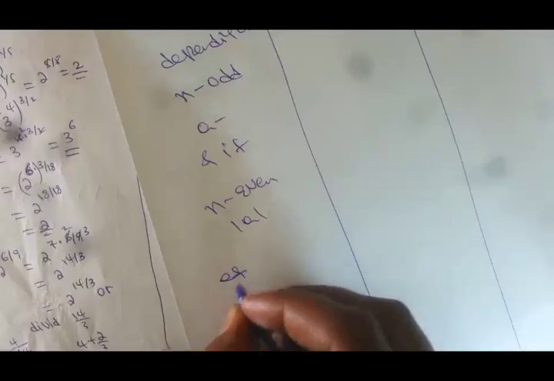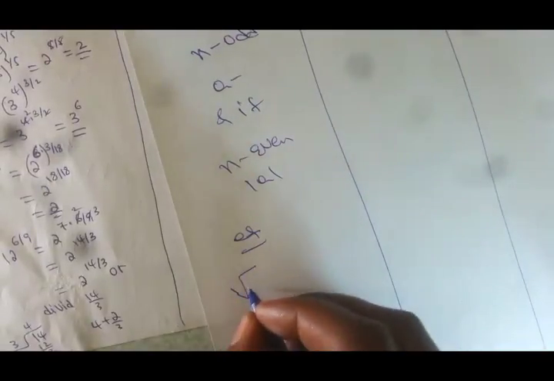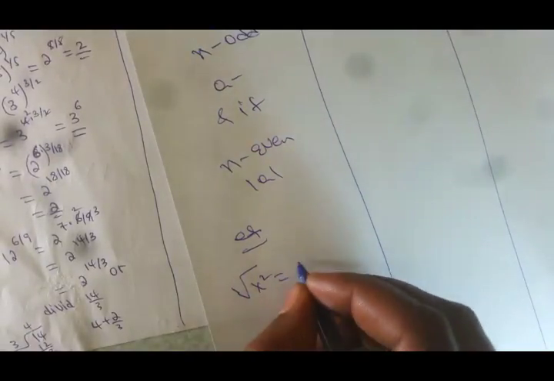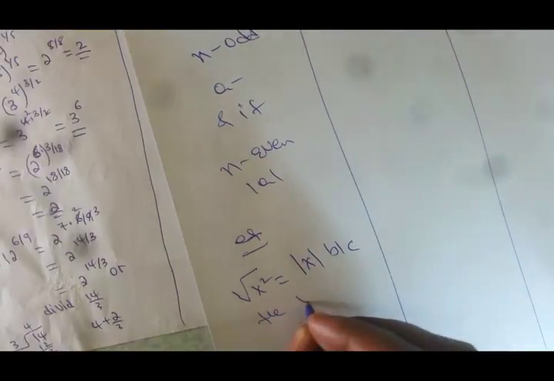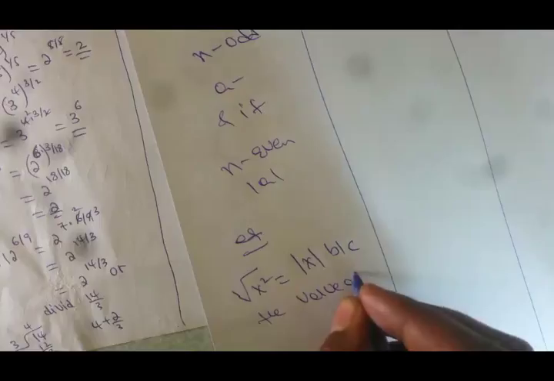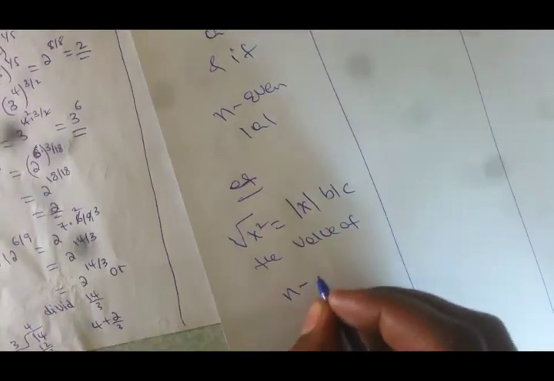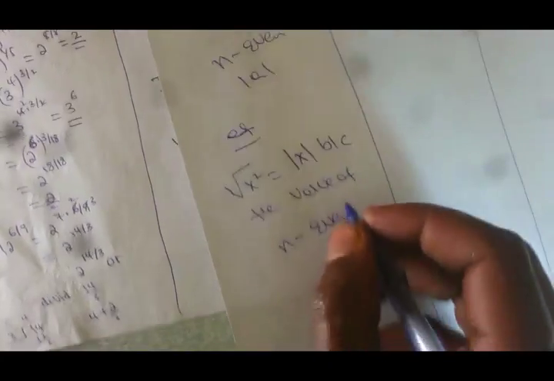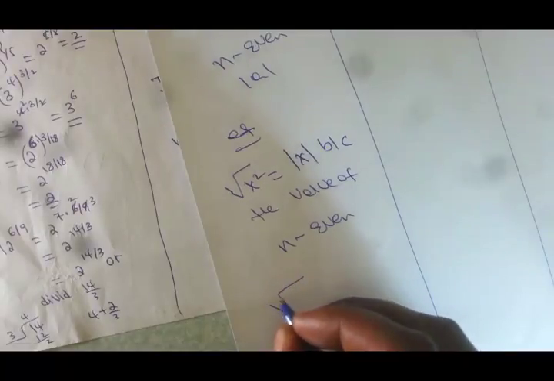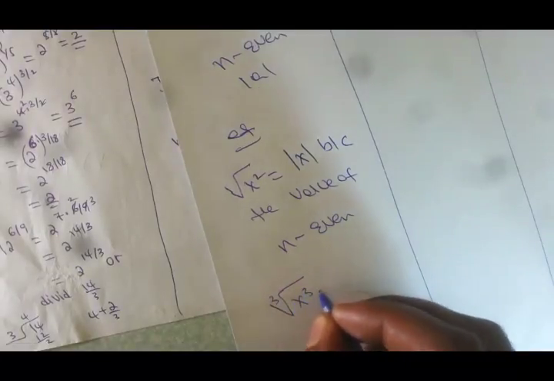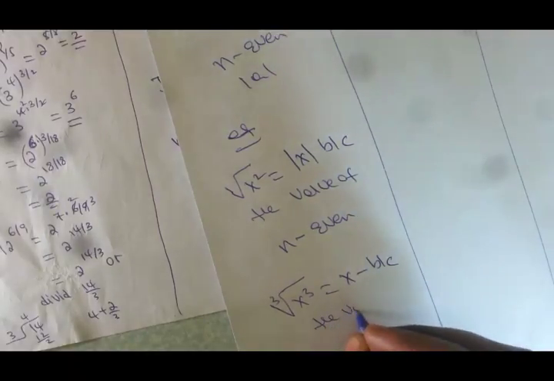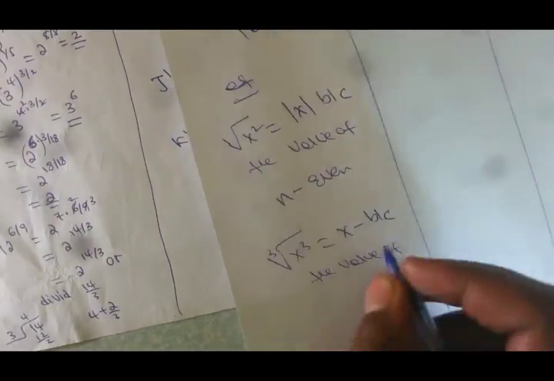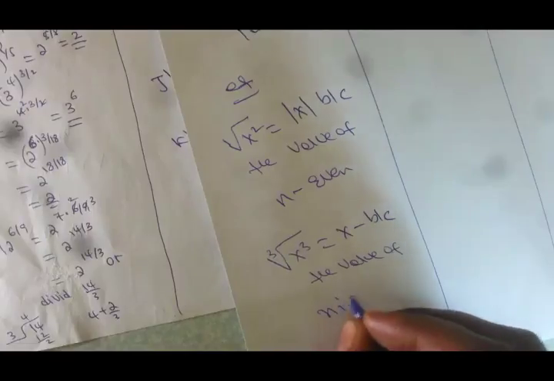Example, square root of x square will be the absolute value of x, because the value of n is even. Cube root of x cube will be x, because the value of n is odd.